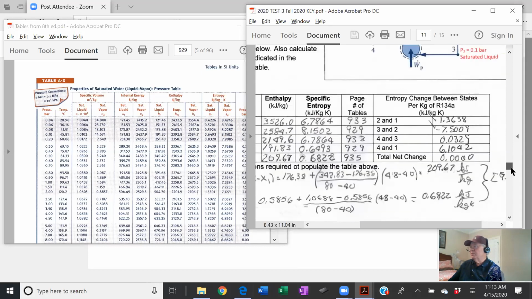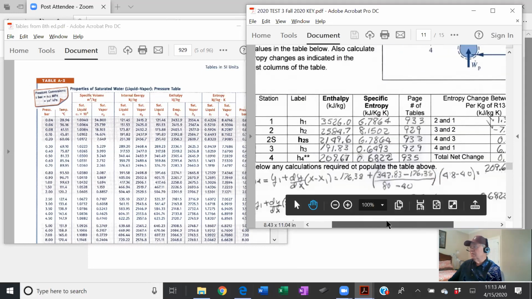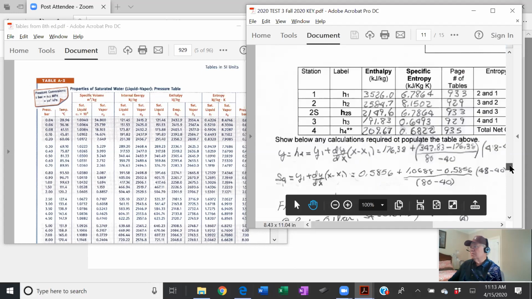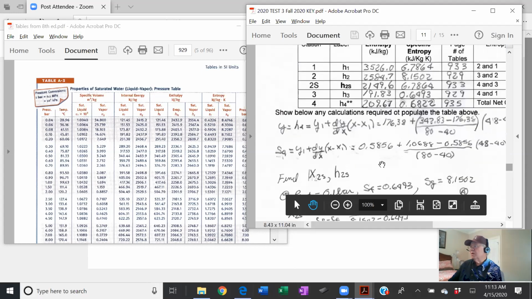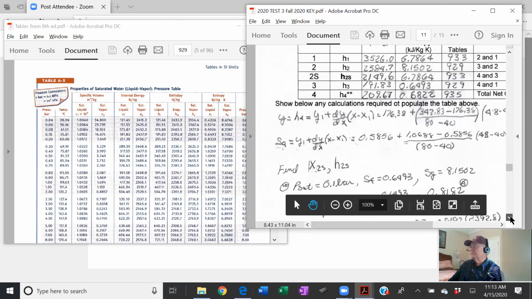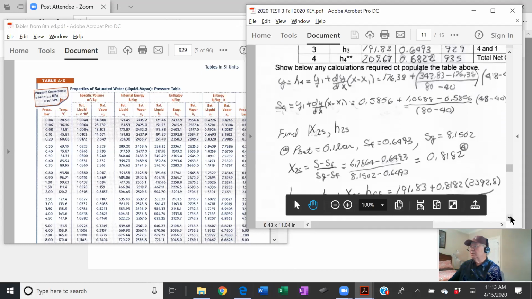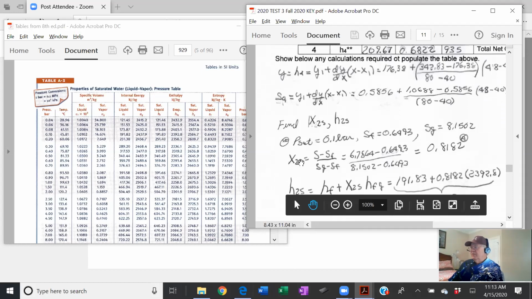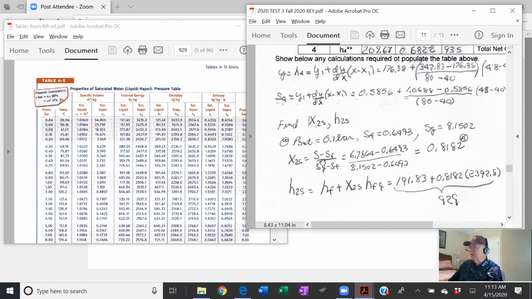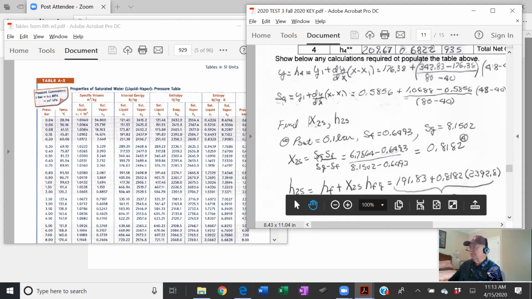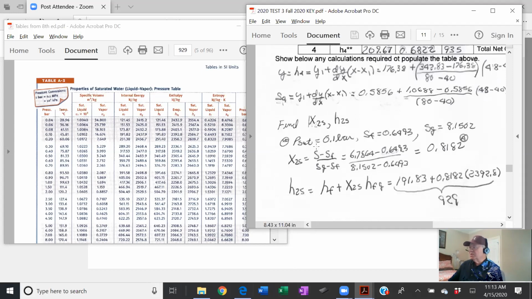That's what I did here. I found the quality at state 2S. I know the entropy at state 2S is the same as state 1, but I see it's a mixture, so I calculate the quality as S, which I know from state 1, minus SF over SG minus SF.